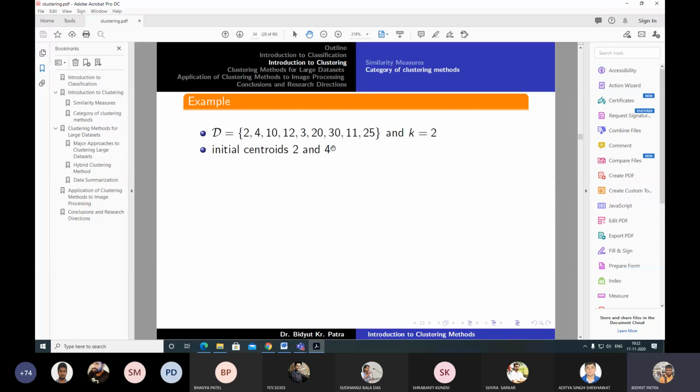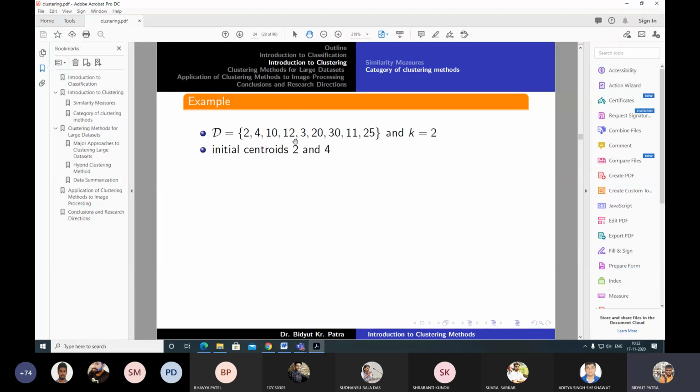You are taking absolute distance. Since 0 is closer, you assign 2 to this centroid, so that cluster has the point 2. Similarly, 4 is also assigned to centroid 4.